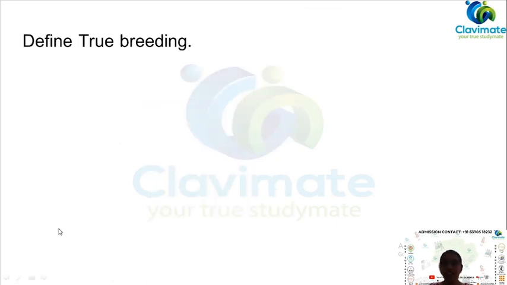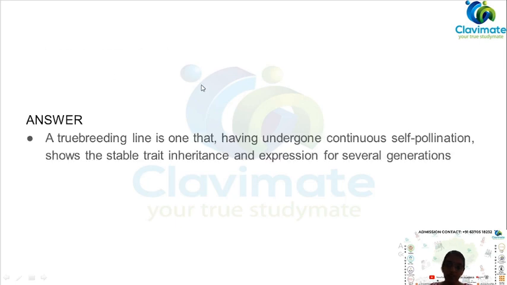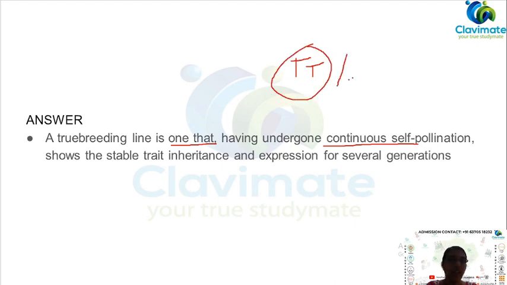The next question is define true breeding. What do you mean by true breeding? True breeding is one that has undergone continuous self-pollination. So you have a tall plant. Let's say it is capital T, capital T. At first you do not know whether it is capital T capital T, or capital T small t.